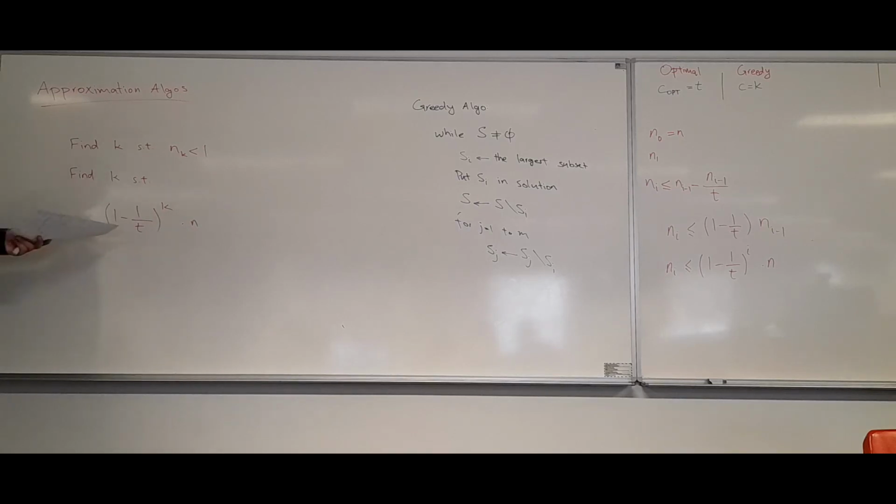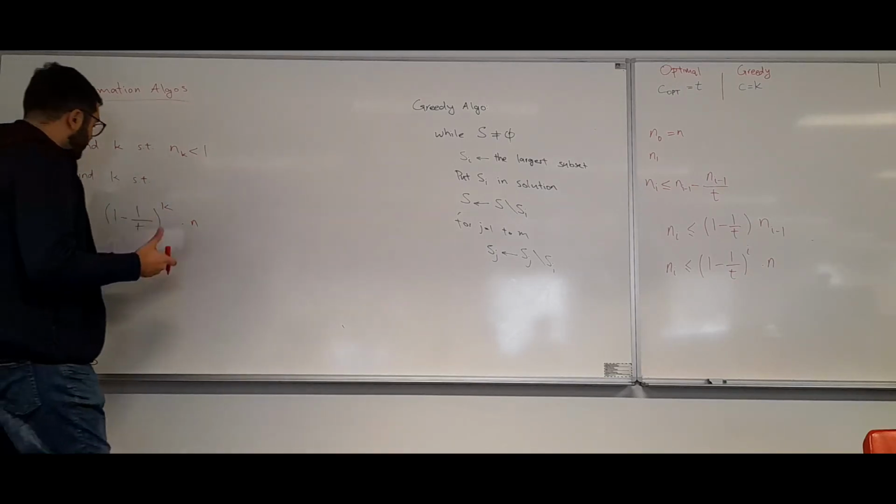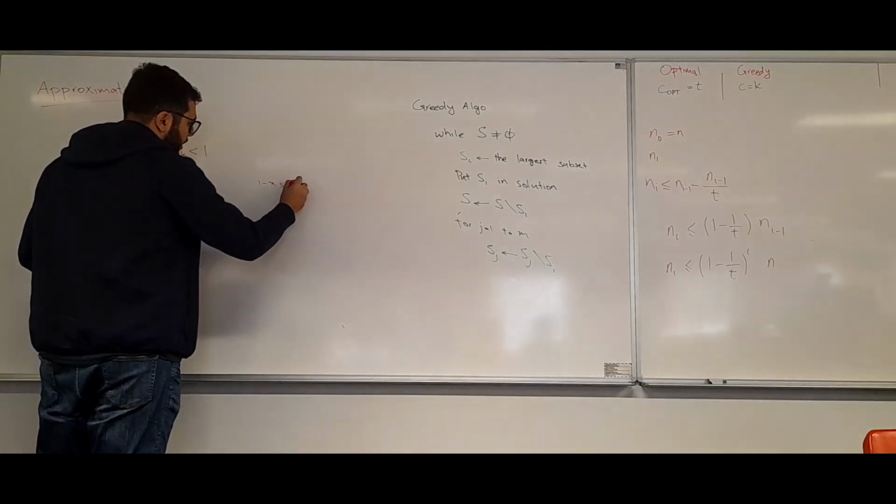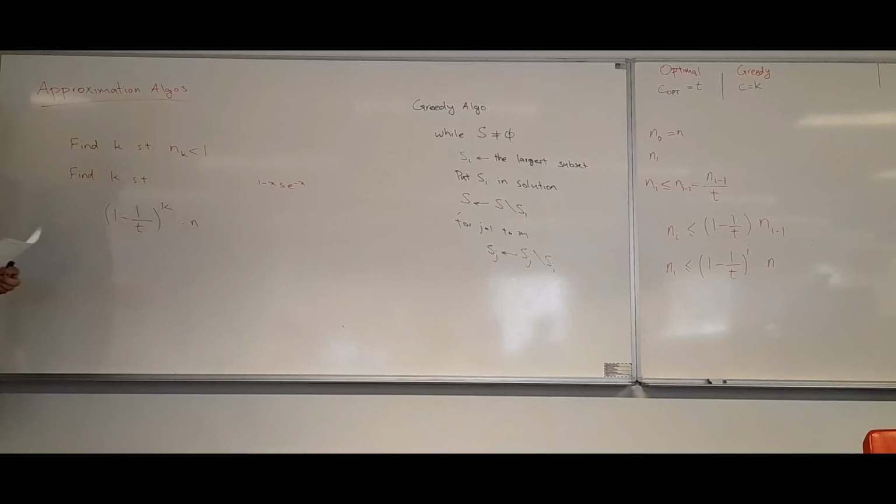And I want to choose a value of k so that this expression becomes less than 1, right? Because this was the size of the remaining set. Now, here's the thing. We have this nice inequality which says 1 minus x is at most e to the minus x. We use this inequality all the time.